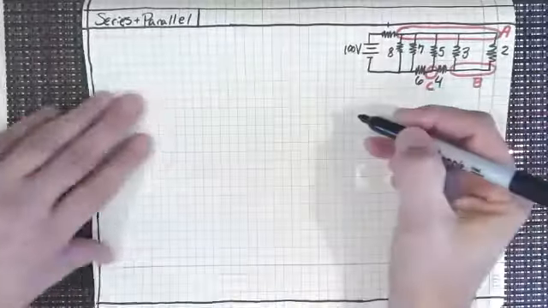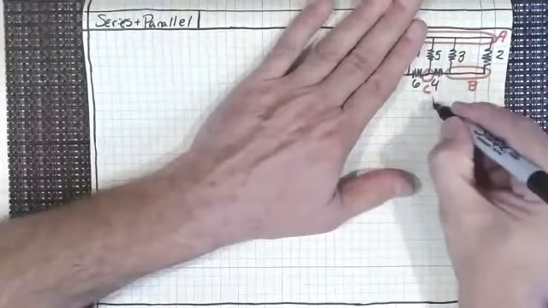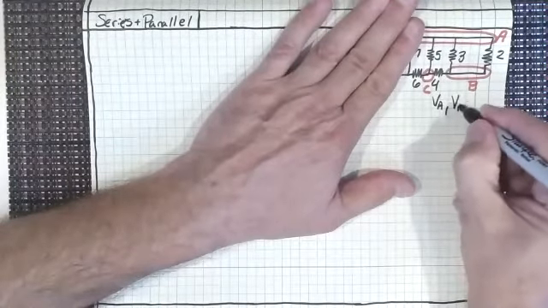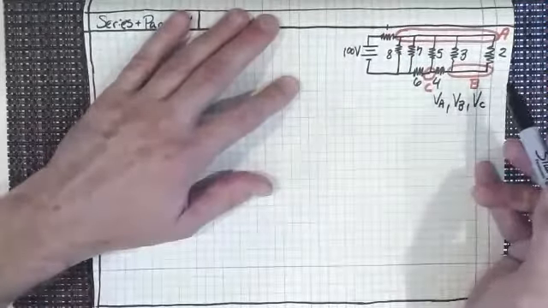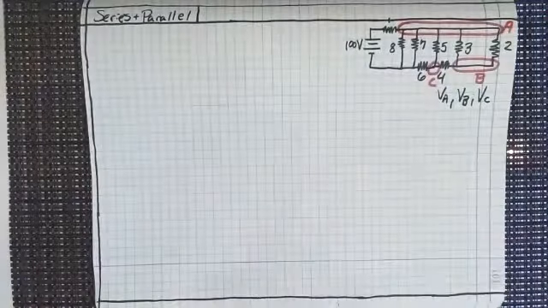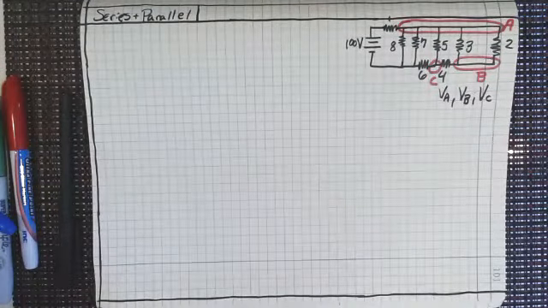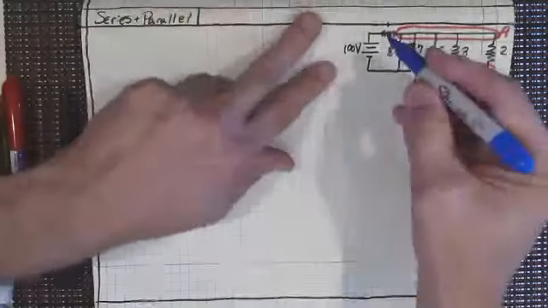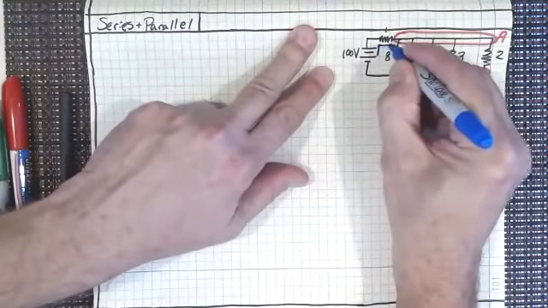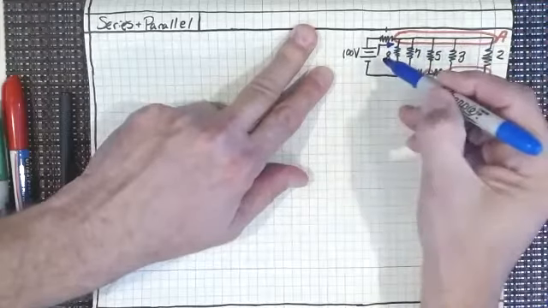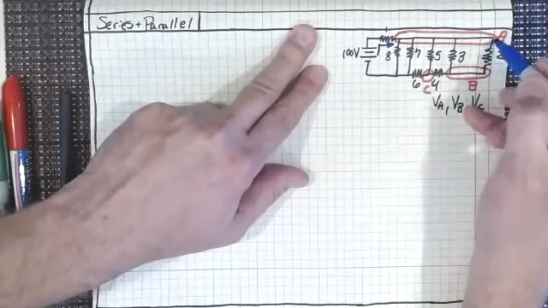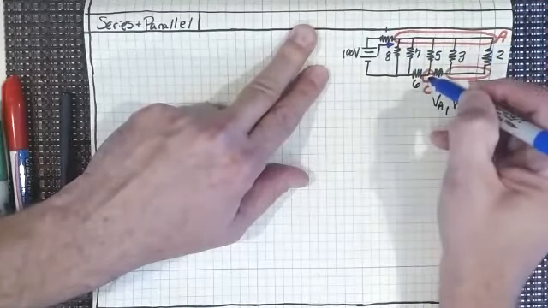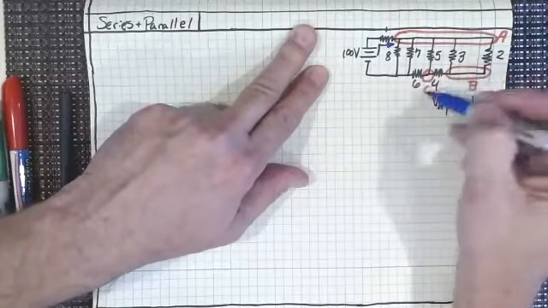Let's just write down what we want. We want V sub A, V sub B, V sub C, those three voltages. We then are going to want, and I'll use some different colored pens here, the current that's coming out of the, I'll use a blue pen, that's coming out of the power supply. And then we want to see how that current breaks off as it goes through all of these various different resistors throughout the entire thing.